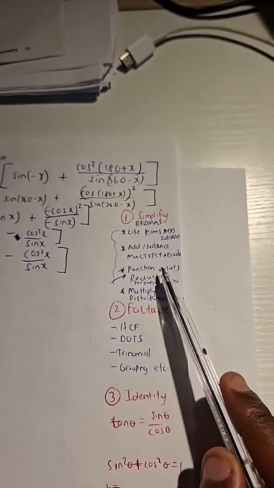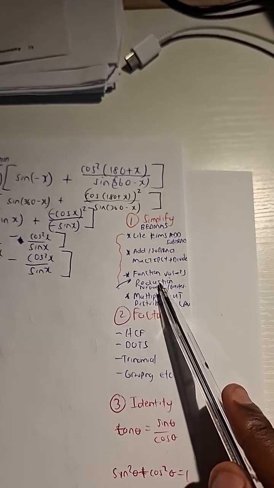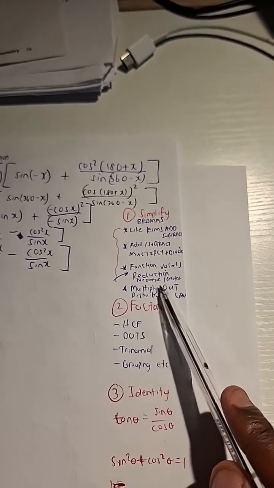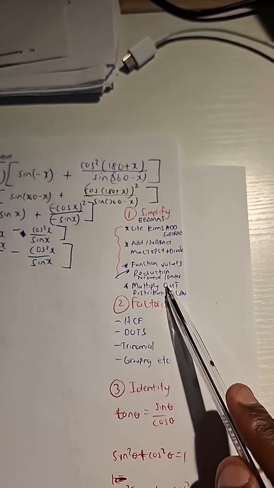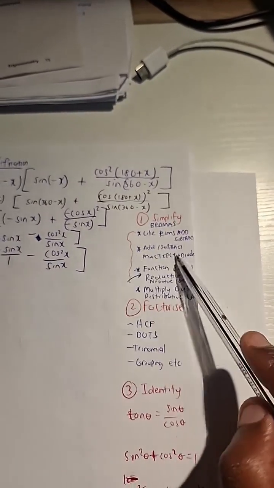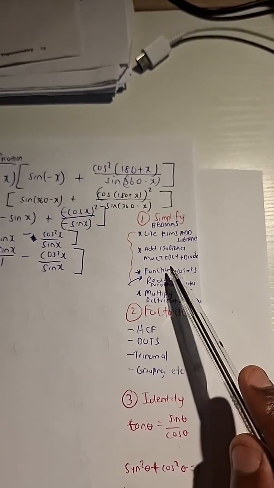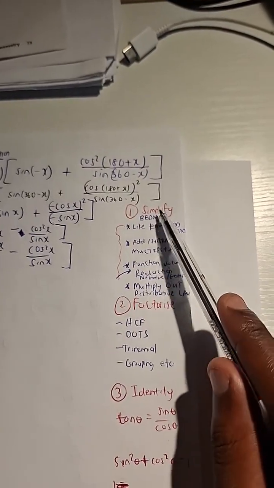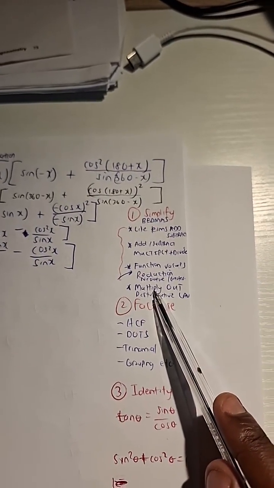You need to be able to choose the right tool at the right time for the appropriate situation, if you know what I mean. Then being able to distribute, multiply out, apply the distributive law where the need arises. So these are things under simplification. And if there are things under simplification that can be done, then you ought to do them as your first ring of strategy and approach.